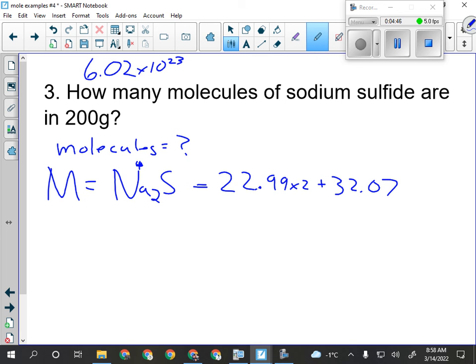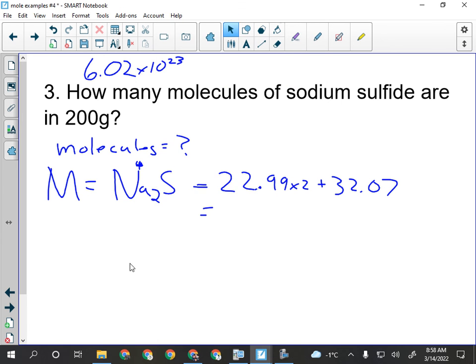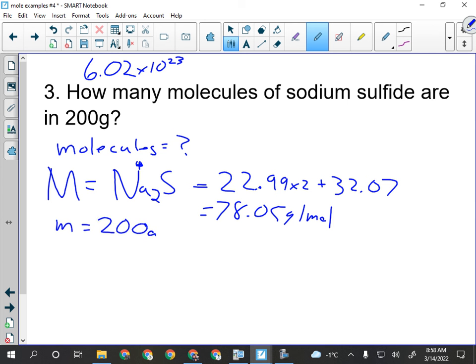All right, so we'll put those together. All right, 78.05 grams per mole. Okay, and they tell us that the mass, little m, is 200 grams. So I'm looking for number of molecules.